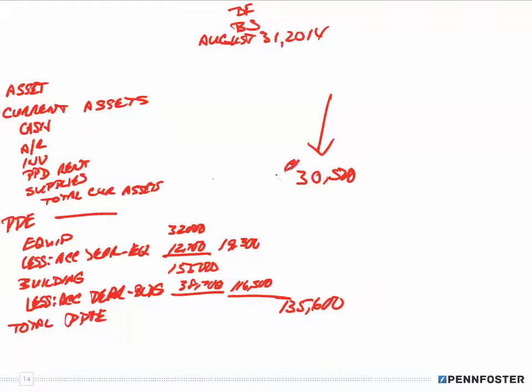So I have a dollar sign there, and I have a dollar sign here, and I have a dollar sign here, and my cash is going to be 11,600, 6,300, 8,300, 1,900, and the supplies is 2,400. Draw my underline, and so my total current assets goes right there.